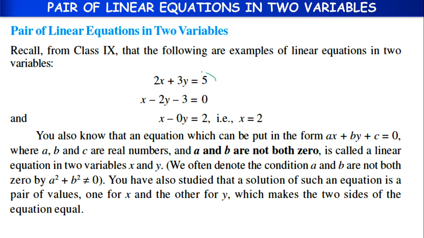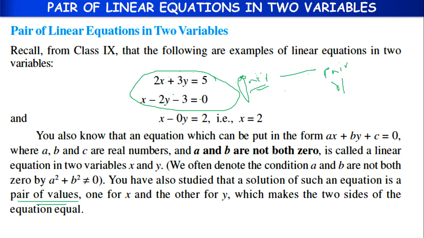If we consider a pair of linear equations in two variables, then we will be getting a pair of solutions, out of which one will be the value of one variable x, and the other will be the value of the other variable y.